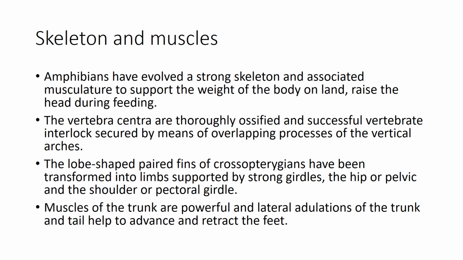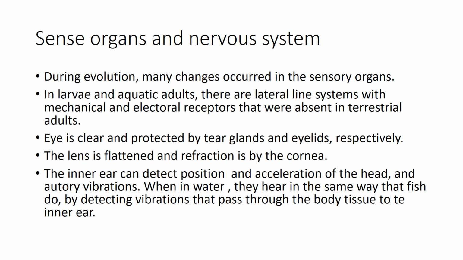So you can see basically the skeleton and muscles became more advanced and stronger to support the life of the animals on land. The other adaptation, or the other advancement, was sense organs and nervous system. Remember, in the first part we said lateral line was of no use on land because they were dependent on water.